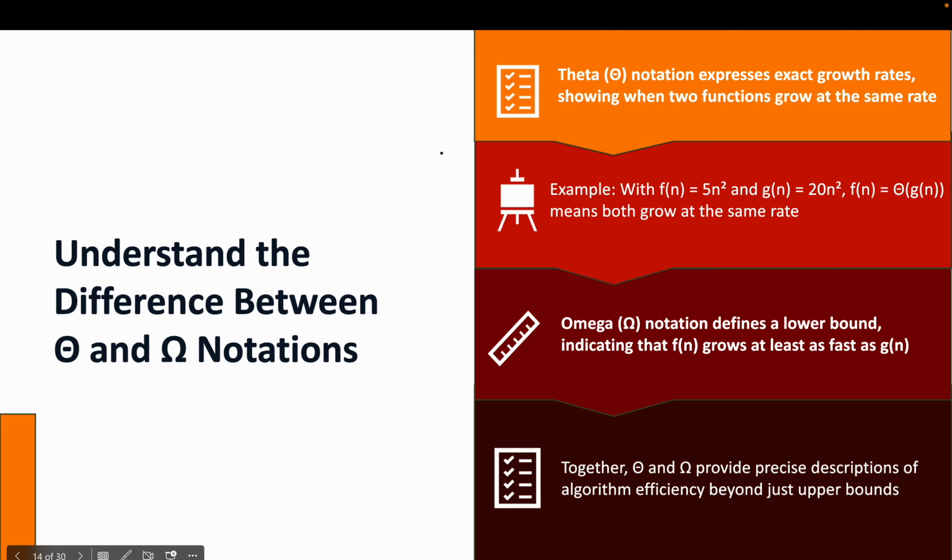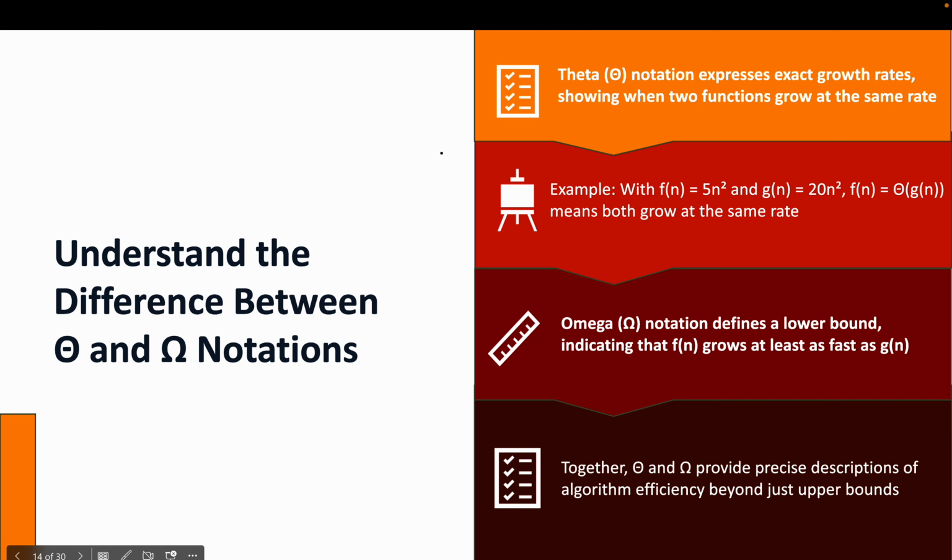theta, omega, and O, we have upper bound, lower bound, and same rate, and you can really understand how good your algorithm's performance will be.